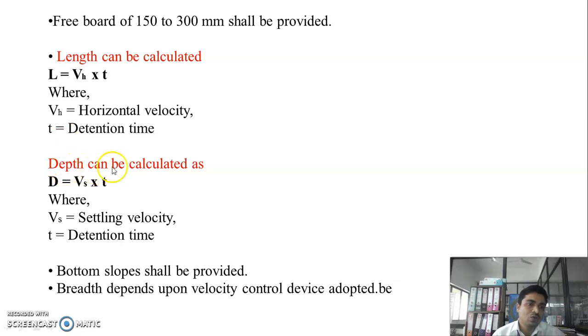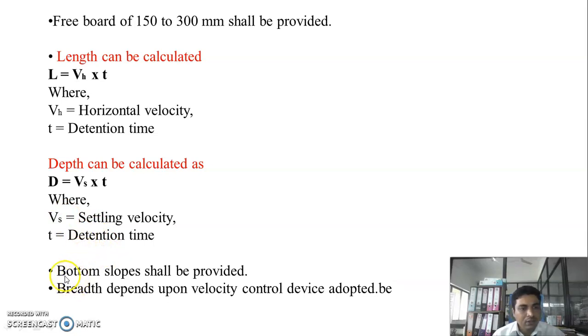Then how to find out the depth? Depth can be calculated by using this equation: D is equal to Vs into T, where Vs stands for settling velocity and T stands for detention time. By using this product, settling velocity into detention time, we will get depth.